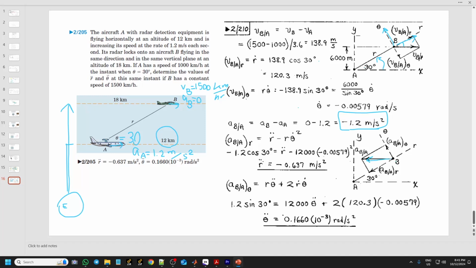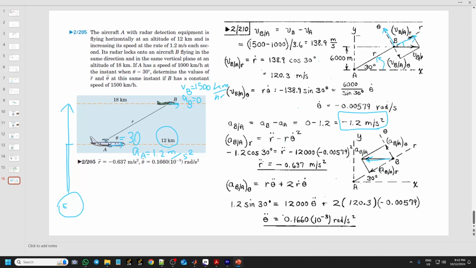And as I said, we always know that r double dot minus r theta dot squared will be in this direction. But if we decompose that, it will be in this direction, so it means that this is negative.